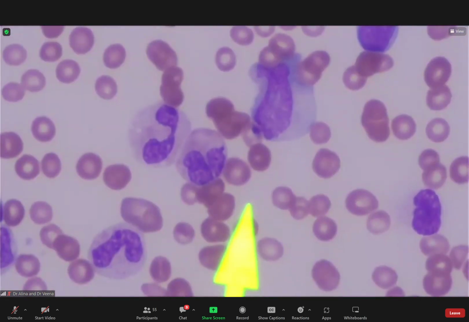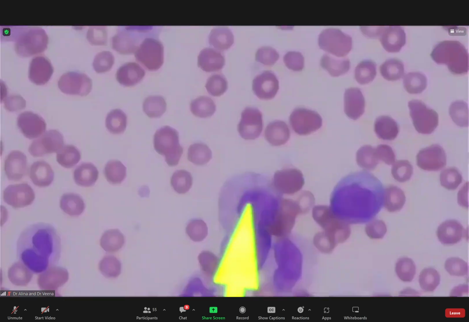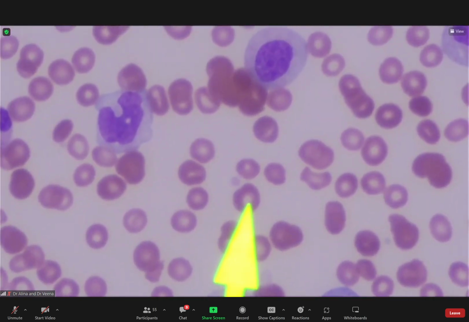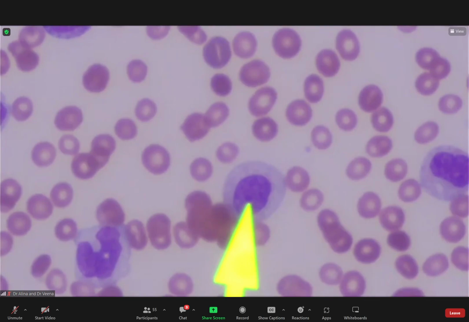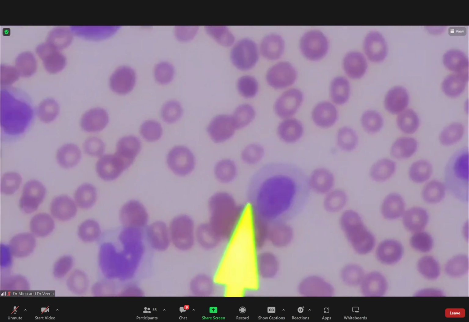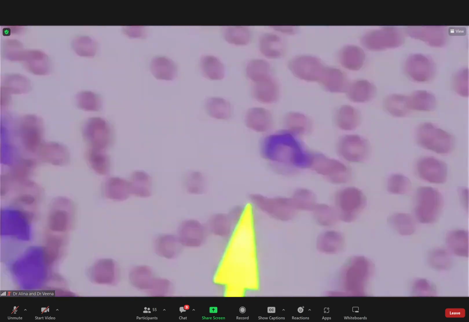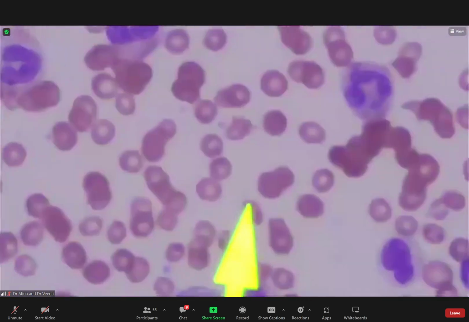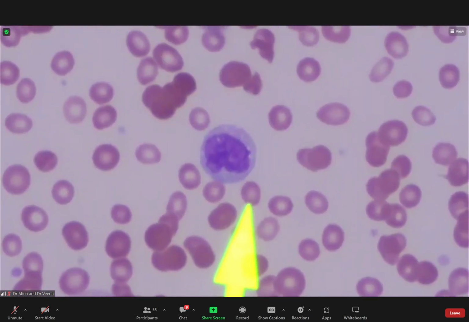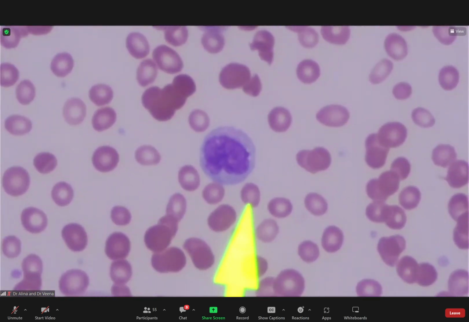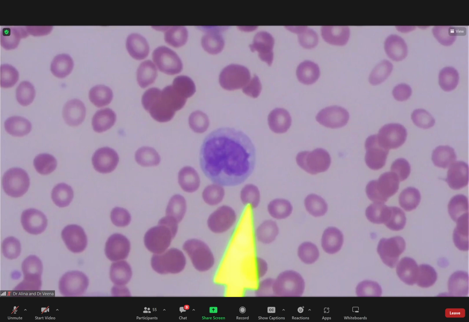Any questions for this case? If you answered MDS with excess blasts, I would have accepted, but you're ignoring completely the monocytic component. And usually in MDS with excess blasts, the patient presents with pancytopenia or cytopenia, not a leukocytosis per se, right?